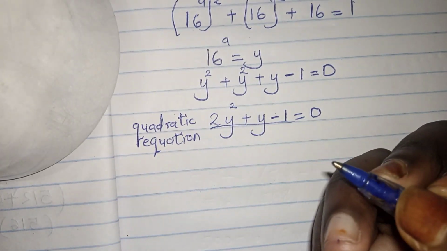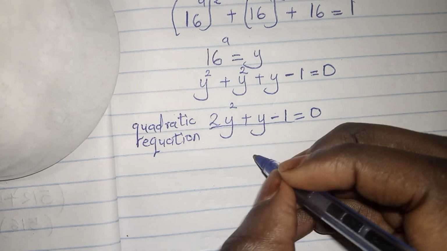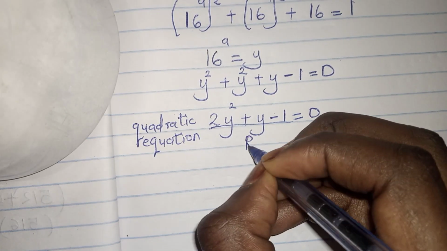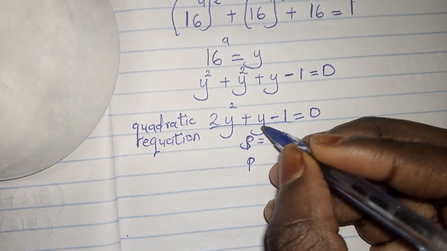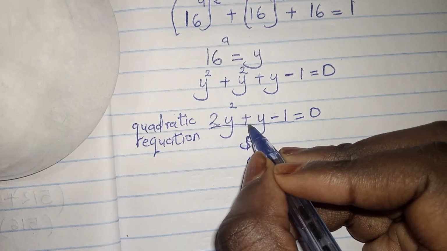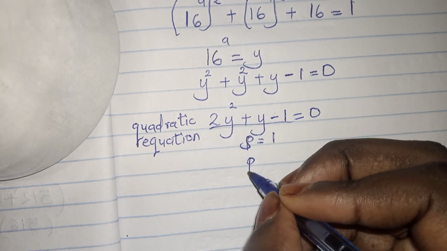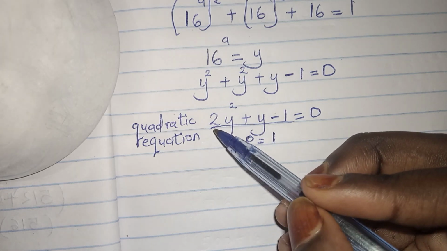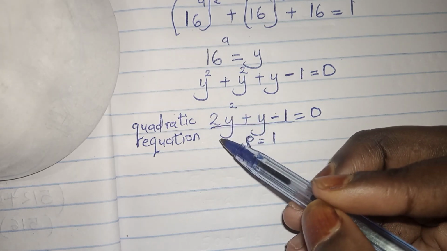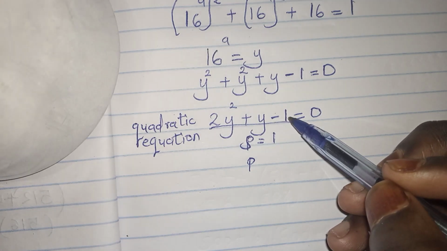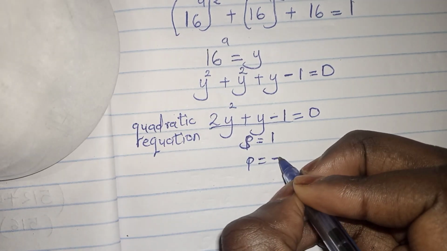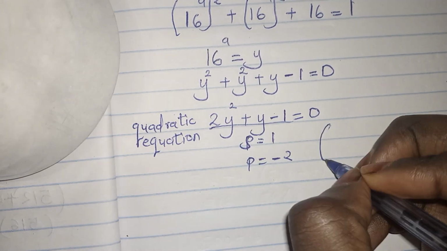And I want us to solve it using the factorization method, where we have the sum and our product. Our sum is always the middle term here, which is 1, and our product, we will take the coefficient of y squared, which is 2, and multiply it by -1. This will be -2. So we will look for two numbers.